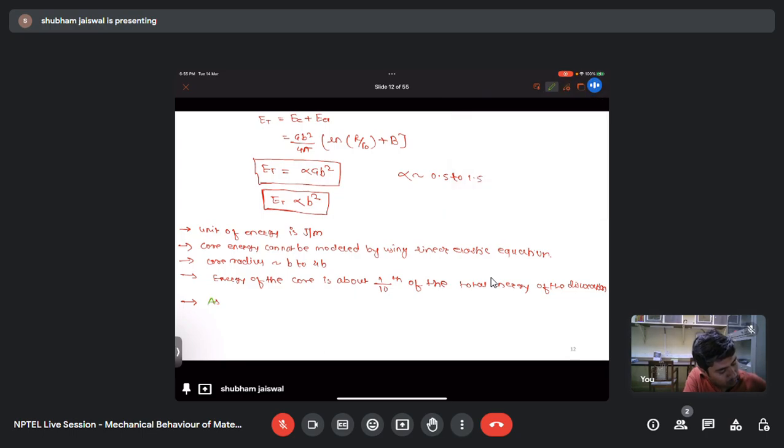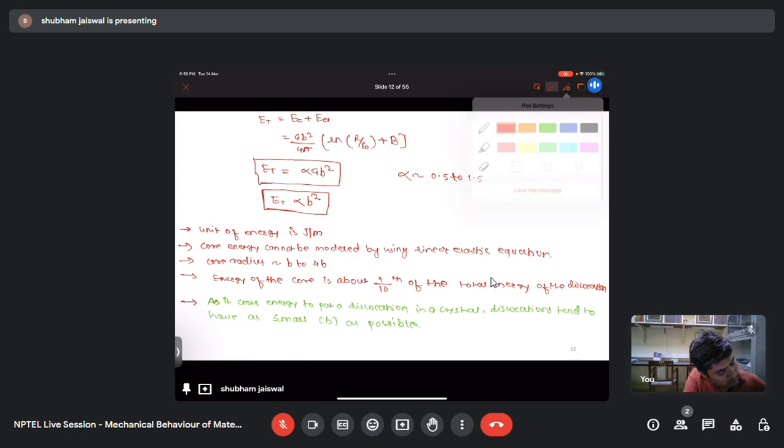This is an important point: as it costs energy to put a dislocation in a crystal, dislocations tend to have as small b as possible.